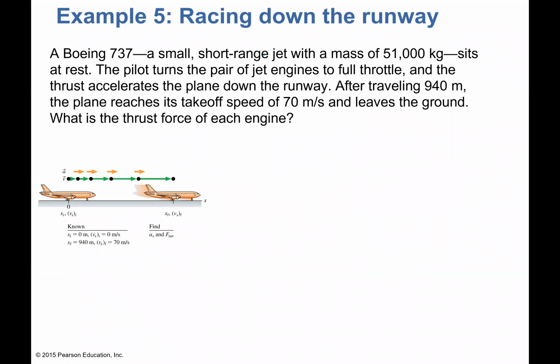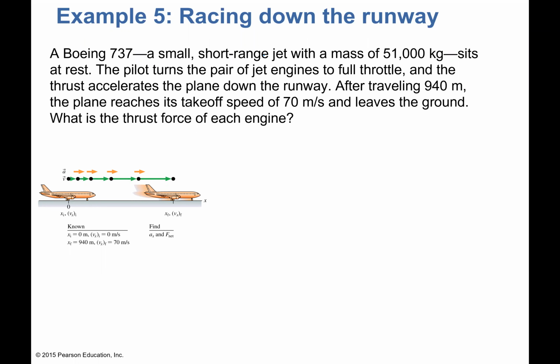All right, so we have another example, and this is actually an application of Newton's second law. We can see how we can use Newtonian dynamics with the kinematics of the previous chapters. Here's what I have. A Boeing 737, a small short-range jet with a mass of 51 kilograms, sits at rest.